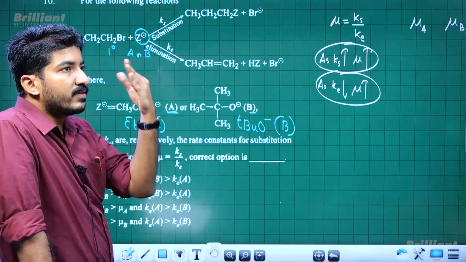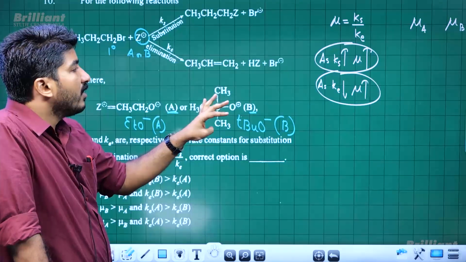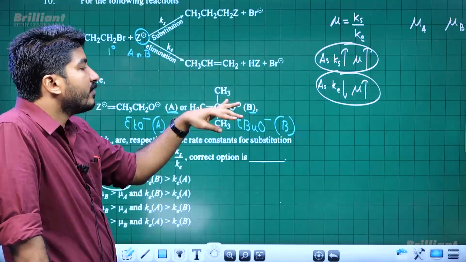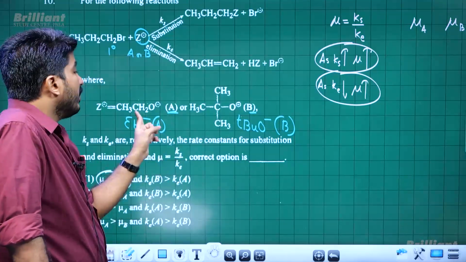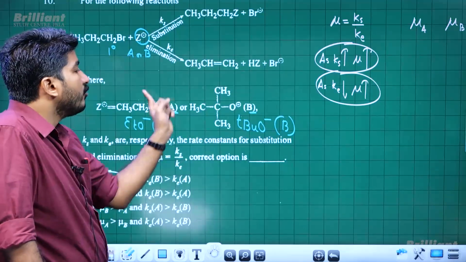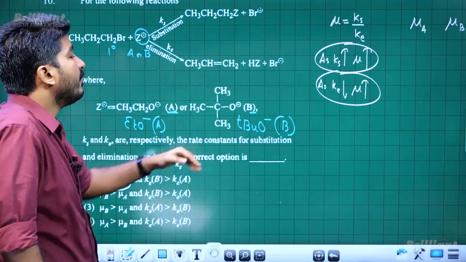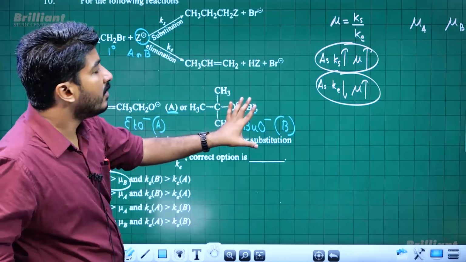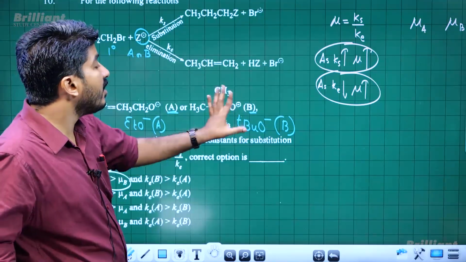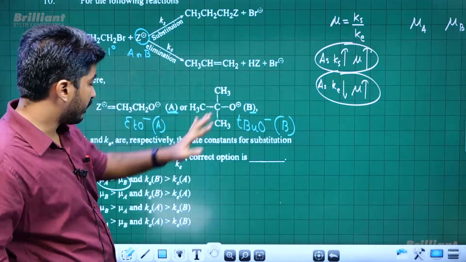Remember the rules of substitution versus elimination. As steric factors increase, the preference for elimination, or the rate of elimination, increases. So if we switch A to B, more elimination happens and substitution decreases. Moving from A to B, Ke increases, elimination increases, therefore mu decreases.